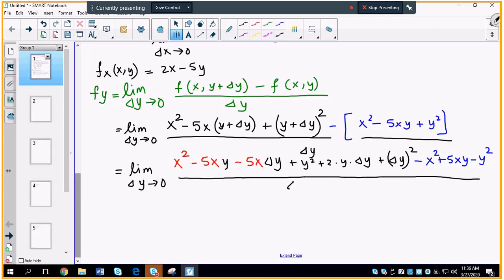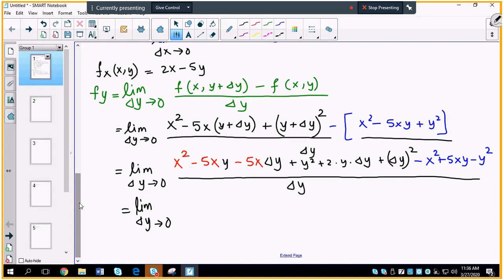So when I have delta y factored out after simplification, for example, you can cancel the x squared, you can cancel the y squared, cancel the 5xy terms. So what I will end up having is limit delta y goes to 0.